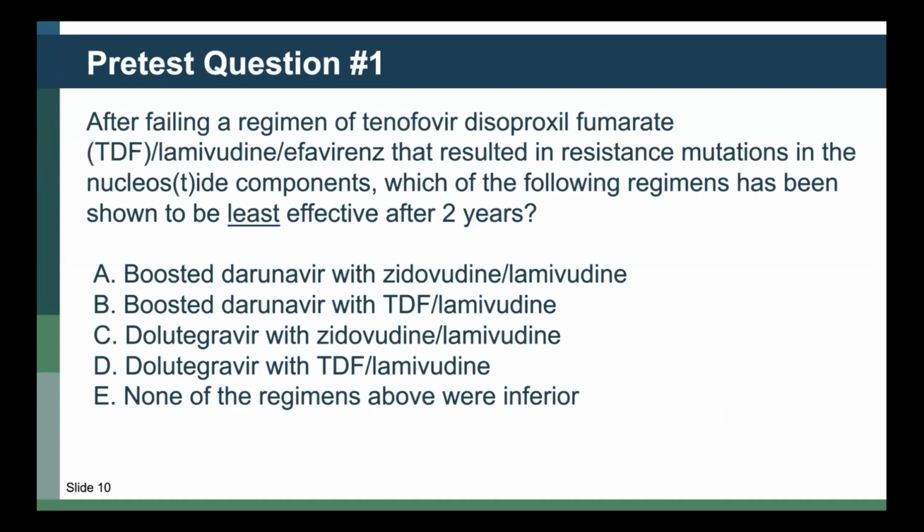We have three pre-test questions, and we will be addressing the information for them during the talk. The first one is: after failing a regimen of tenofovir TDF, lamivudine, and efavirenz that resulted in resistance mutations in the nucleotide or nucleoside components, which of the following regimens has been shown to be the least effective after 2 years? You can see the 4 regimens, or the answer being none of the above, the 5th answer.